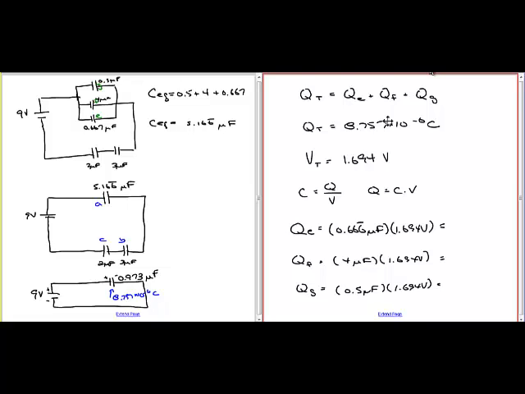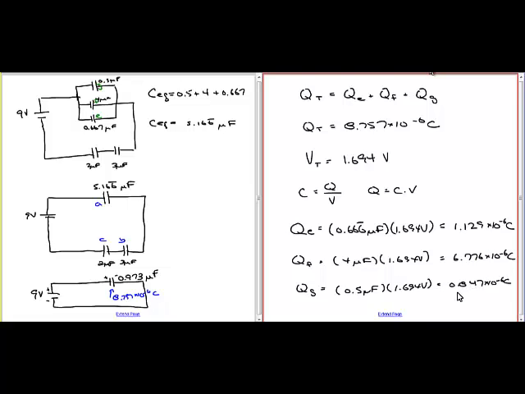So 0.6666 times 1.694, I get 1.129 times 10 to the minus 6. And charge is coulombs. 4 times 1.694 is 6.776 times 10 to the minus 6 coulombs, and 0.5 times 1.694 is 0.847 times 10 to the minus 6 coulombs.